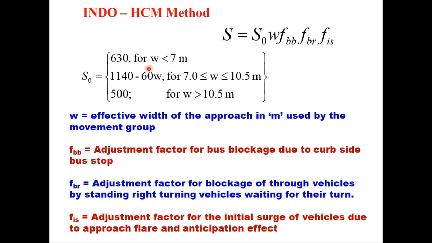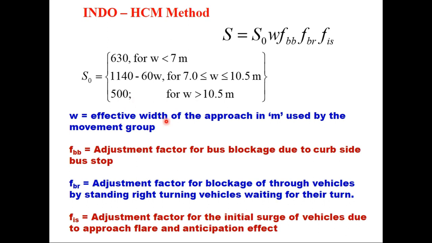It is 630 per meter width, and W is the width of the approach. So 630 for W less than 7 meter, 1140 minus 60W if the width of the approach is between 7 and 10.5 meter, and if it is more than 10.5 meter it is 500.